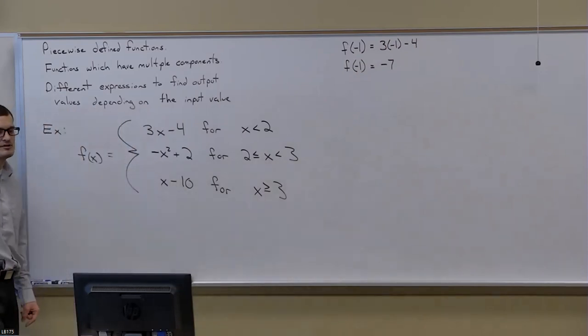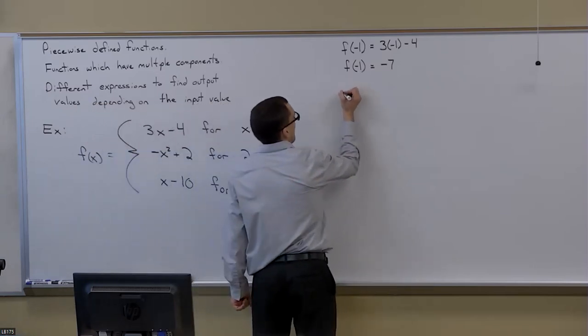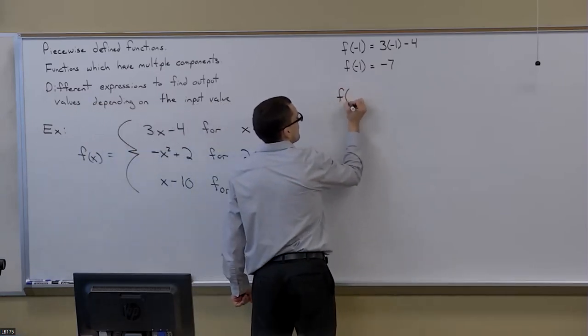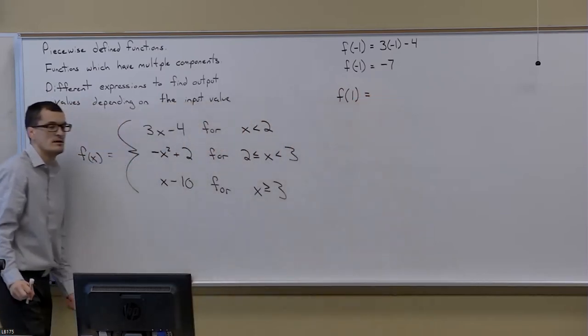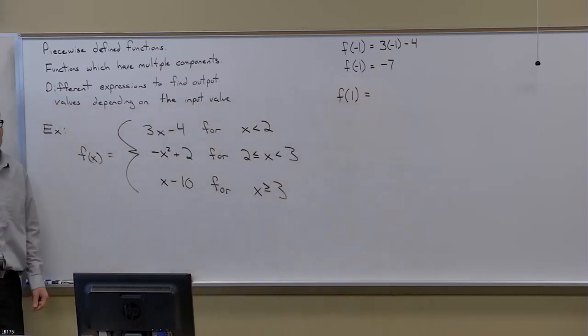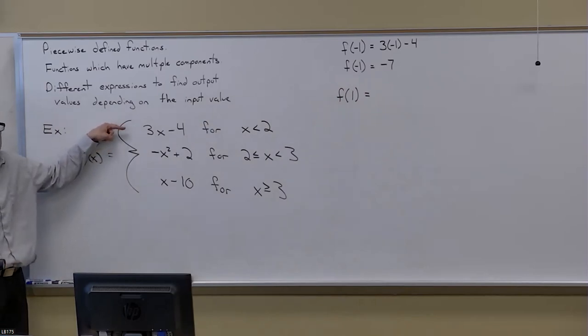So your input of -1 gives an output of -7. What's the output if our input is +1? Well, +1 is still less than 2.